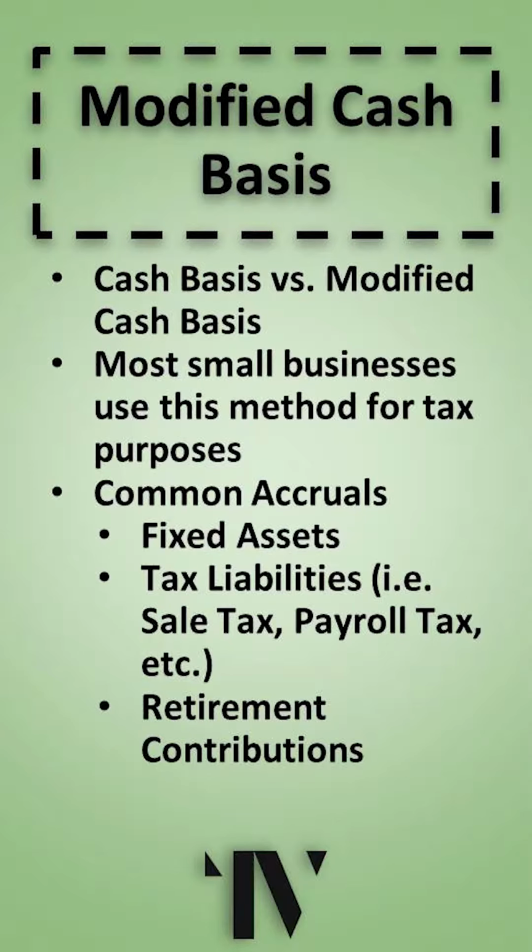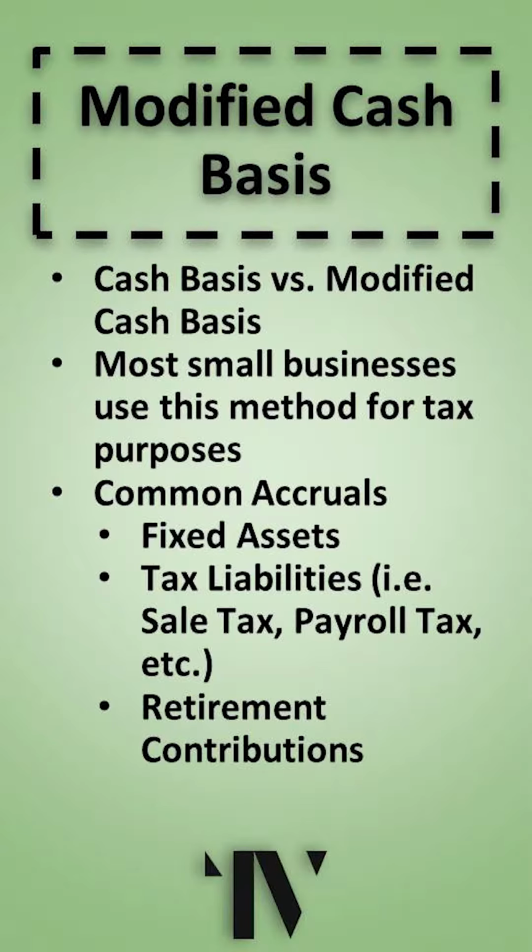That being said, the modified cash basis of accounting is popular amongst small business owners because small business owners would prefer not to ever be in a situation where they have to pay tax on cash they haven't yet received. In practice, taxpayers typically use a modified cash basis of accounting. The difference between true cash basis accounting and modified cash basis accounting is that modified cash basis accounting allows you to include certain accruals.